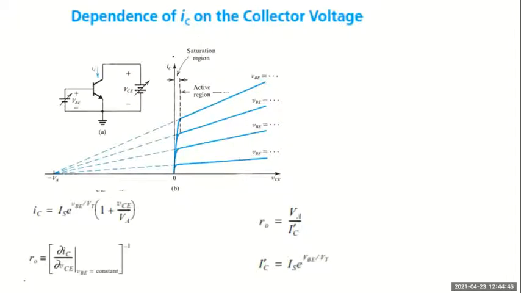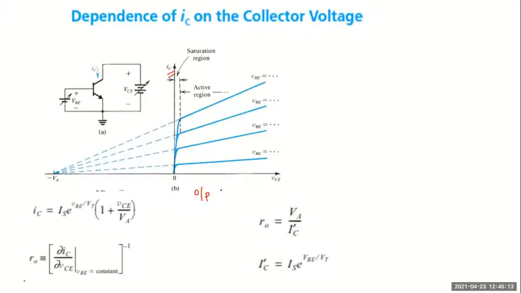Okay. Let's represent the output characteristics, that is dependence of IC with VCE. So how do we represent the output characteristics of the transistor IC versus VCE? And I have plotted multiple characteristic curves for different values of VBE.